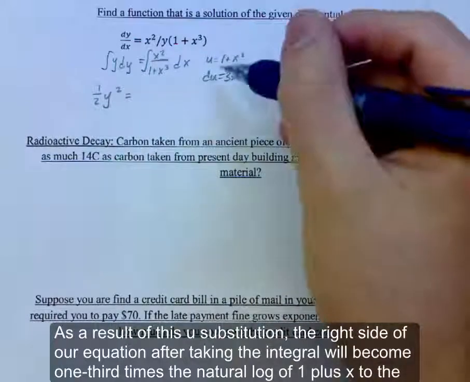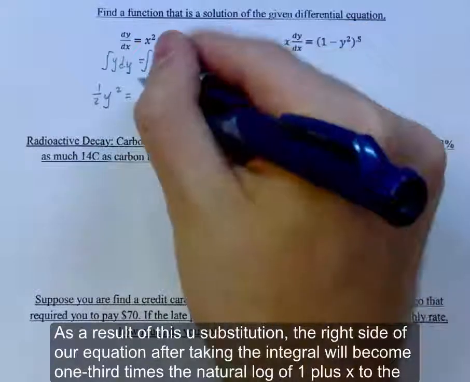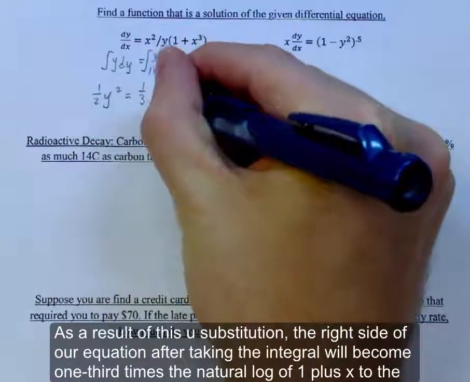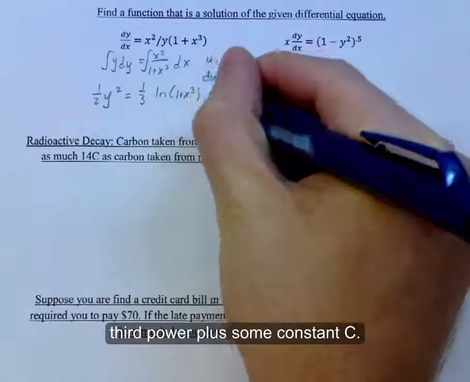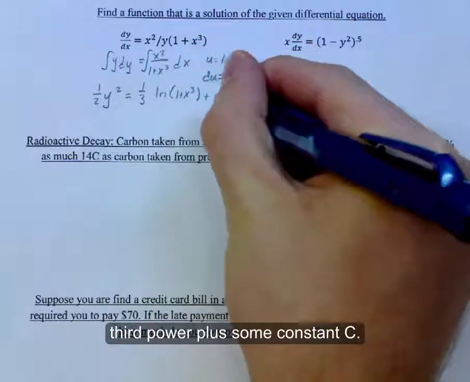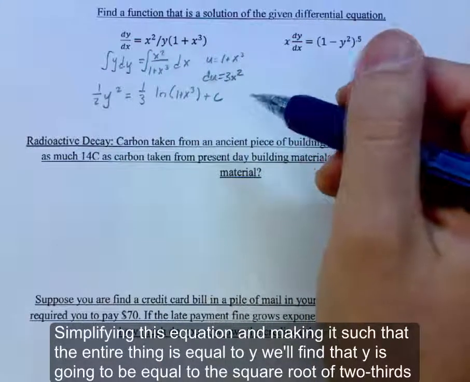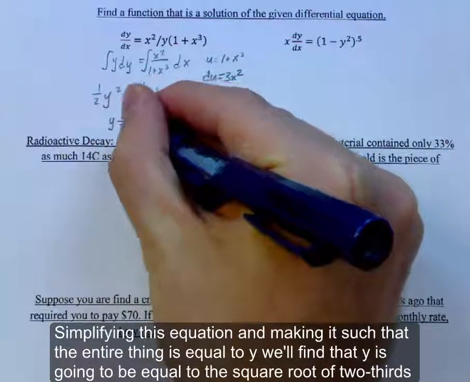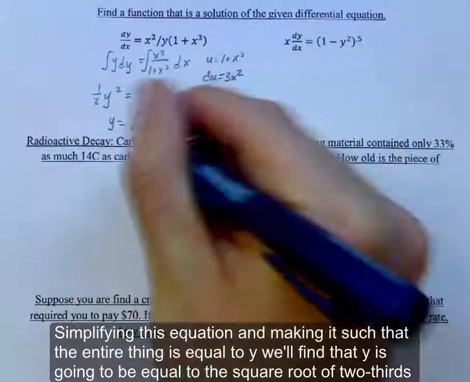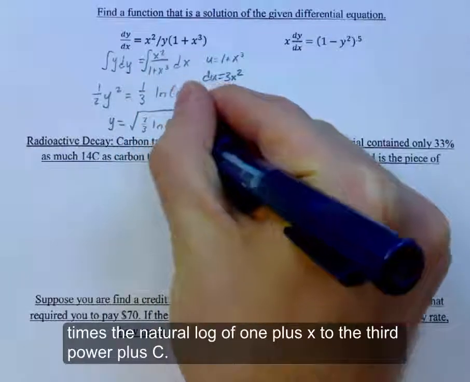As a result of this u substitution, the right side of our equation after taking the integral will become 1/3 times the natural log of 1 plus x to the third power plus some constant c. Simplifying this equation and making it such that the entire thing is equal to y, we'll find that y is going to be equal to the square root of 2/3 times the natural log of 1 plus x to the third power plus c.